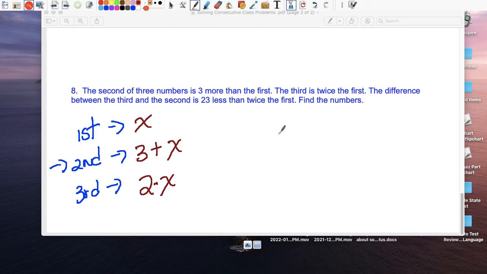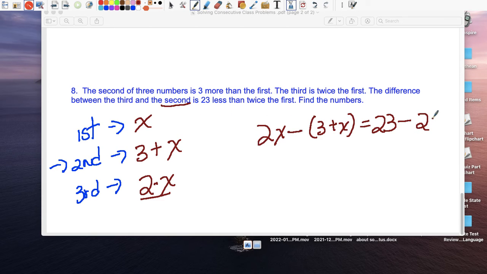So it says the difference. Difference means subtraction between the third, 2x, and the second. The second is 3 plus x. I'm going to put that in parentheses. Is equal to 23 less than, which means subtraction, 2 times the first, twice the first. But less than, careful, it's a turnaround.